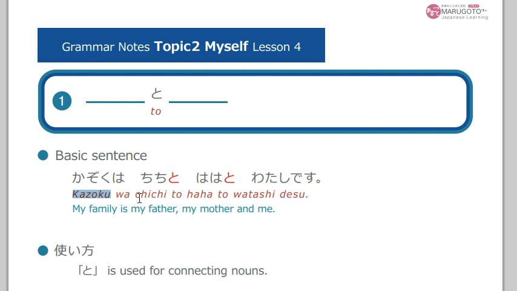Well, we have my father and, so to meaning and, mother, another to, and me. Very simple. It works exactly the same as the English word and. And the English word for and goes between nouns. For example, mother and me, just like in Japanese.